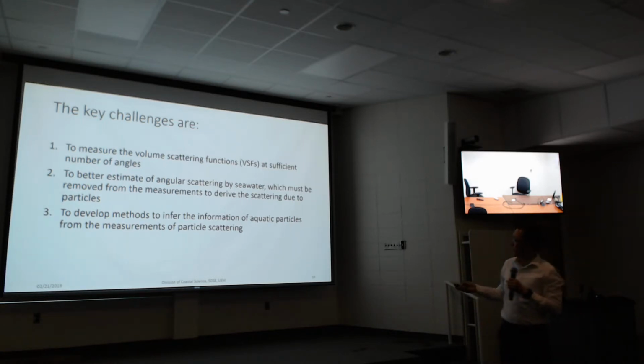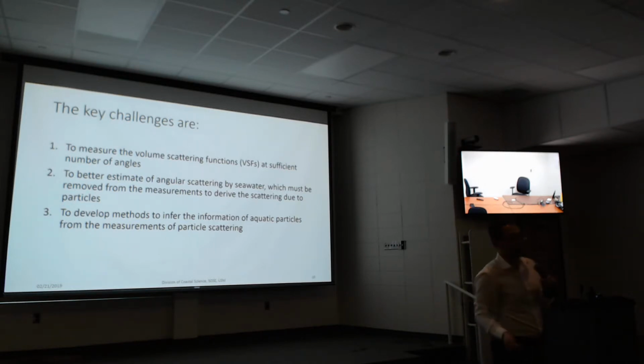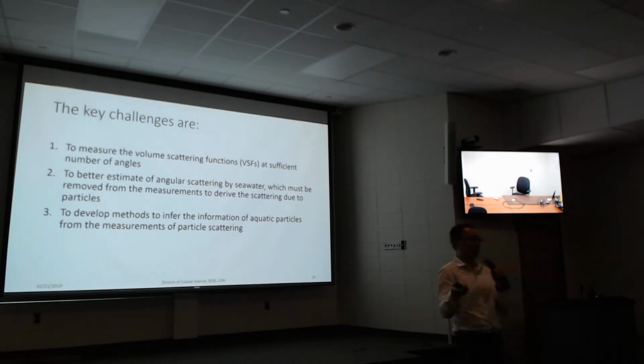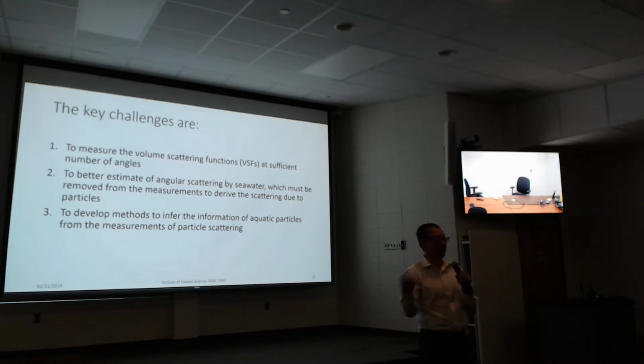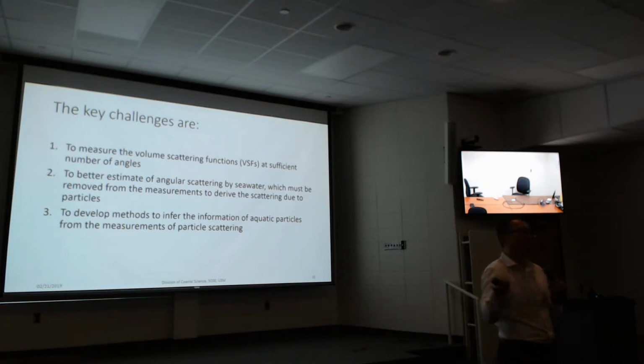The second challenge is we have to know the seawater better. Particles exist in the ocean and scatter light, and water also scatters light. If we want to know the scattered light caused by particles, the first thing we have to do is remove the scattered light caused by seawater.